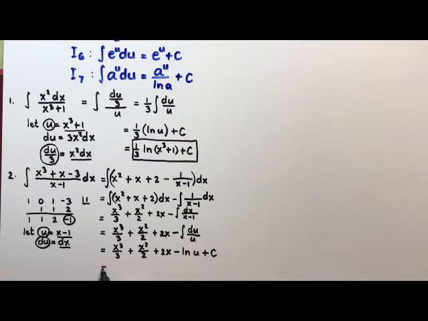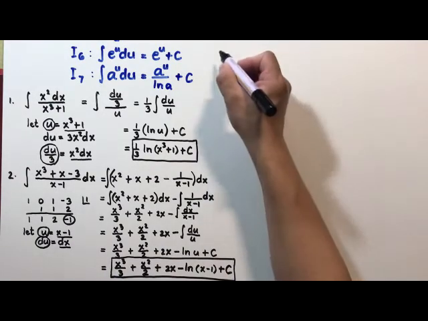Finally, our final answer is x cubed over 3 plus x squared over 2 plus 2x minus the natural log of my u, which is x minus 1 plus the constant of integration c for all the integrals. And this is my answer for my problem number 2 here.